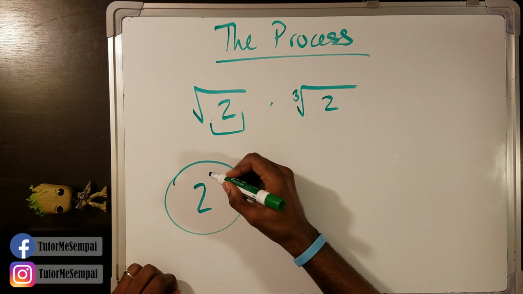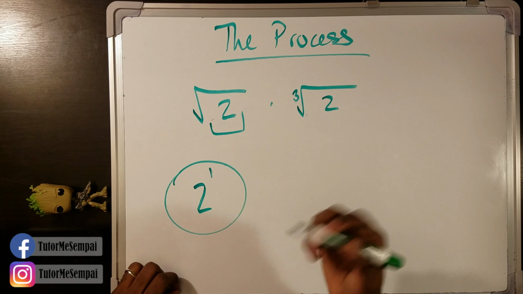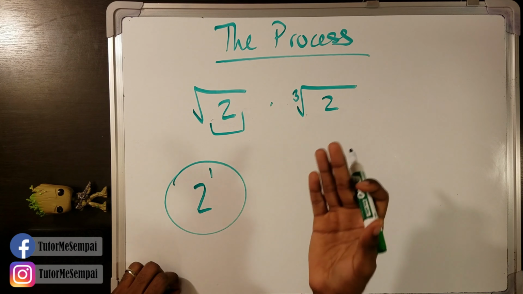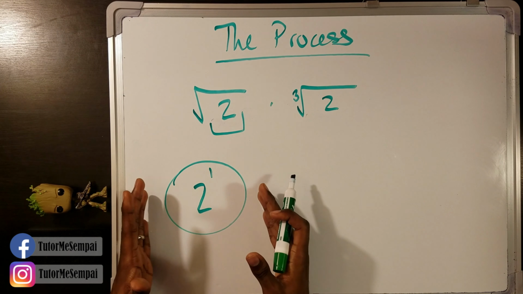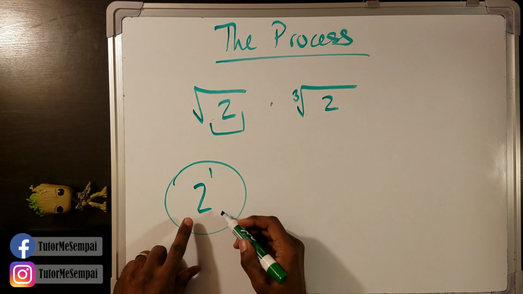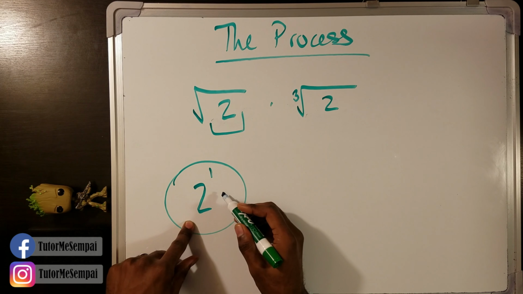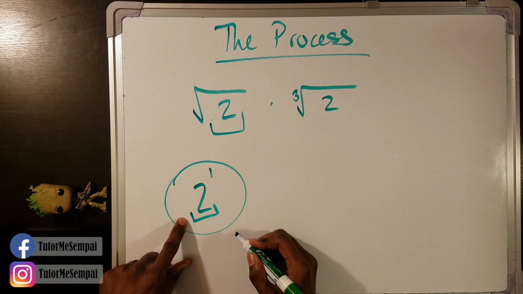There is an exponent here, it's an understood 1. We should know by now, if you don't write the exponent, it's always going to be an understood 1. Now we have something of an exponent that we took out of our radicand. So when you have an exponent like this, what is the base for that exponent? That's going to be this 2 here, right?